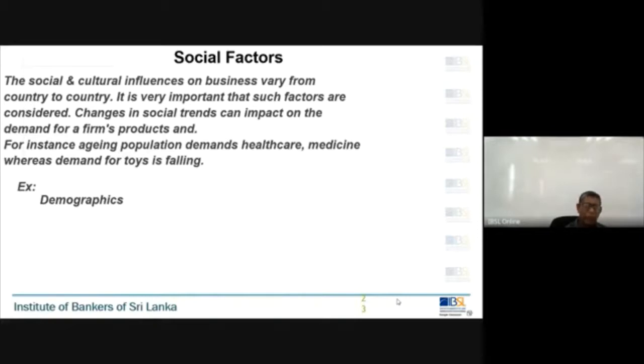How does a bank need to look at the social factors? Now say, for example, a good example, work at home, a social factor. So what are the problems that come up and what are the subsequent issues?